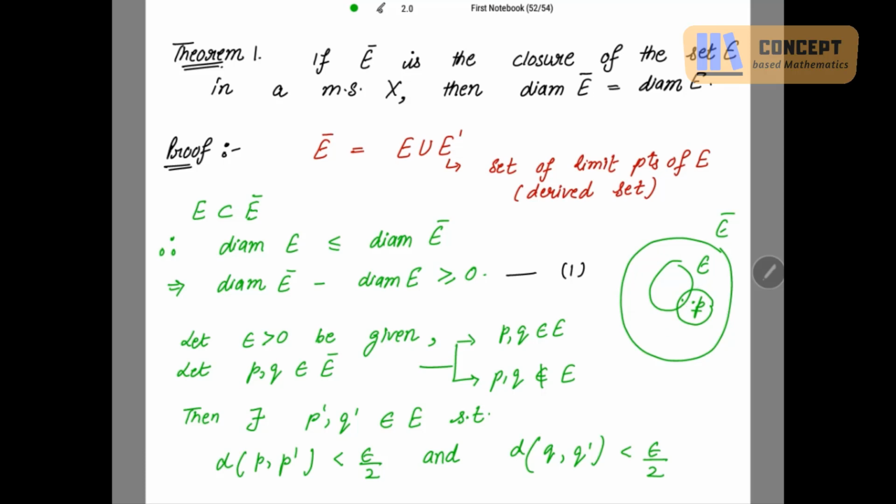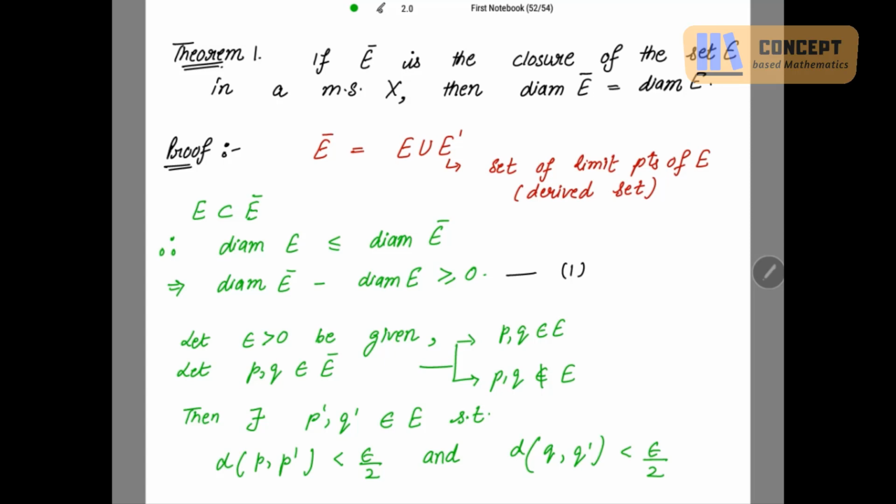All the points which belong to E or which do not belong to E are the points actually belonging to E bar, right? So in E bar, you can take the distance of any 2 points to be less than epsilon by 2 or less than epsilon or less than epsilon by 3. You can take any epsilon because epsilon is arbitrary and it is a positive real number, right? I suppose this is clear to you.